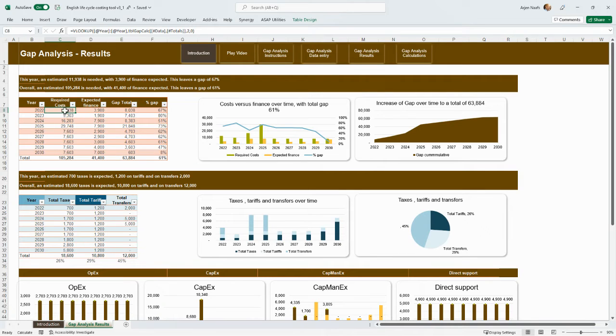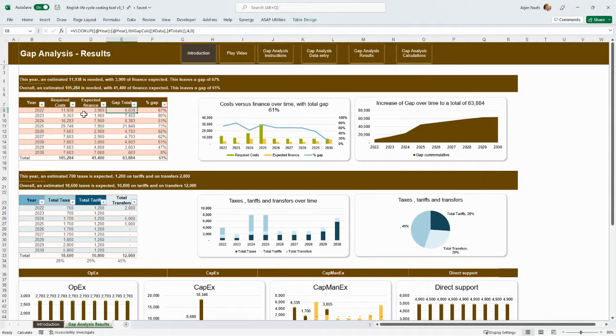You can see that the expected cost is 11,000, but the expected finance is only 3,900. So there's a big gap of 8,000, which is 67% of the required cost that is actually still unfinanced.